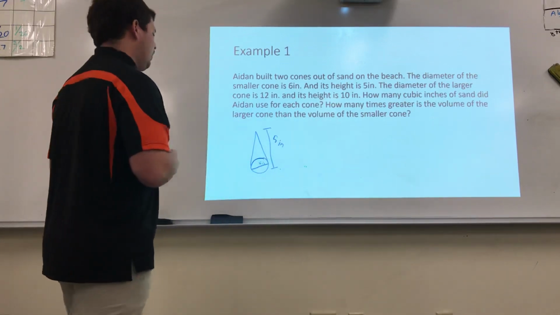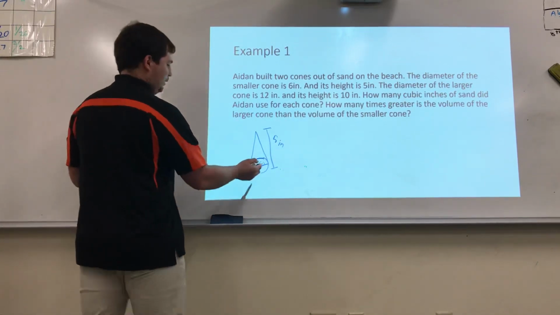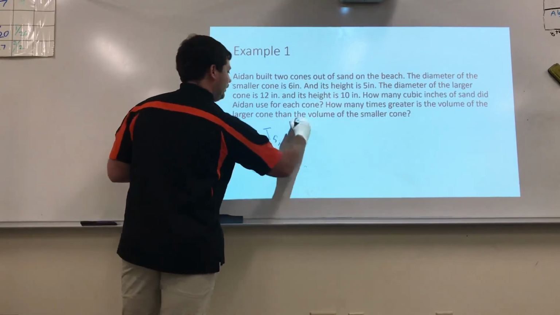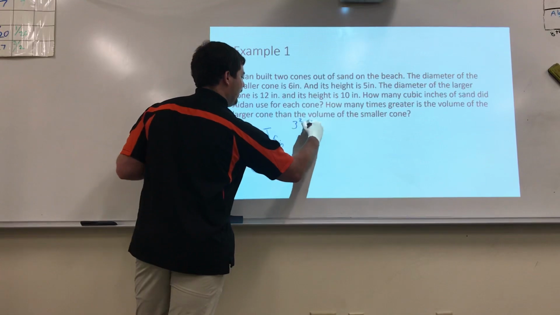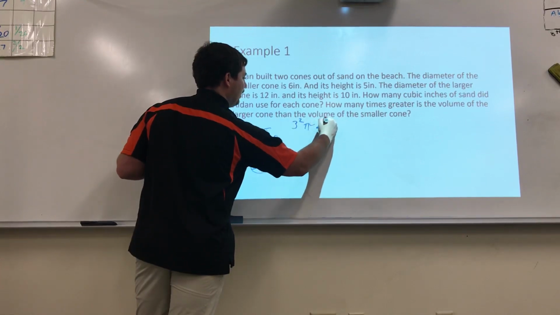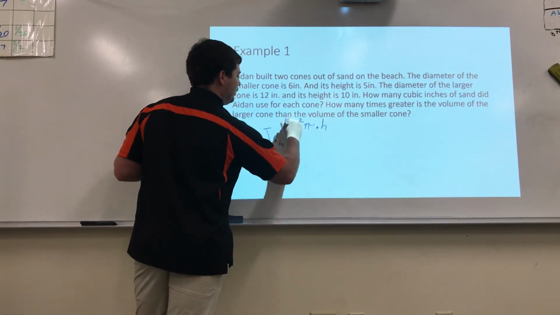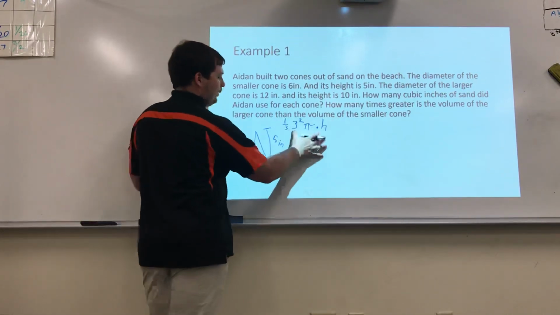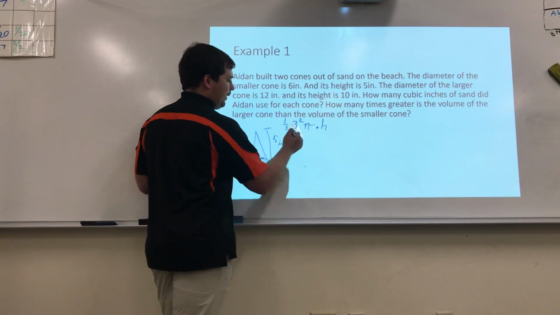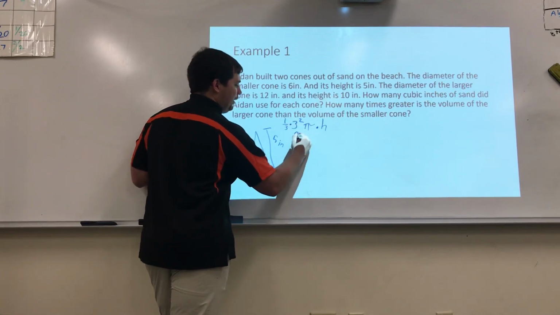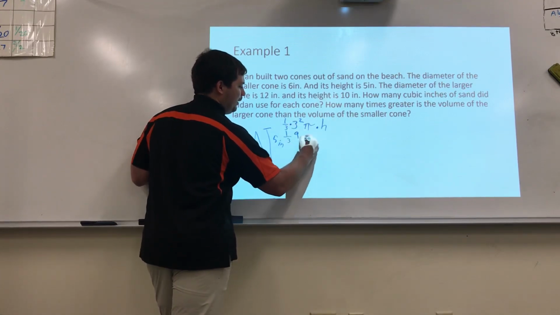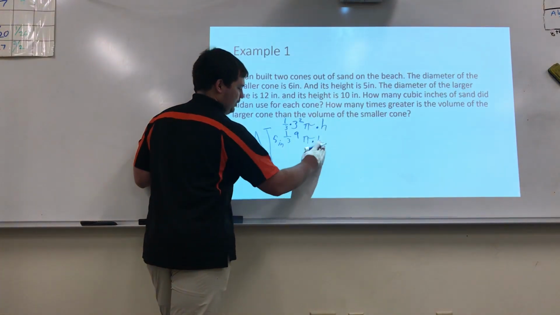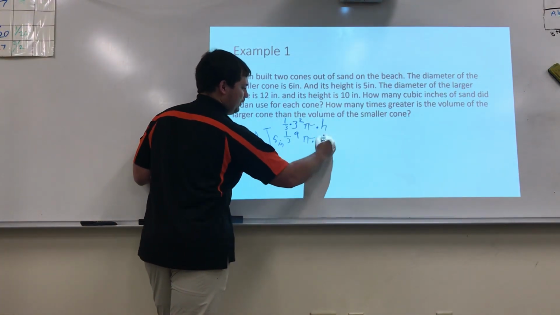Okay, now we have to find the radius, which is 3 squared times pi times height. It's a cone, so we have to take 1/3 of it. That would have been the formula for the cylinder. We times it by 1/3. So we're going to get 9 times 1/3 times pi times h. H in this case is 5.